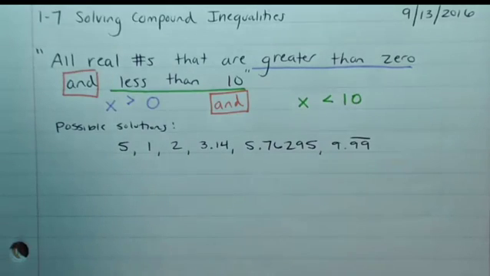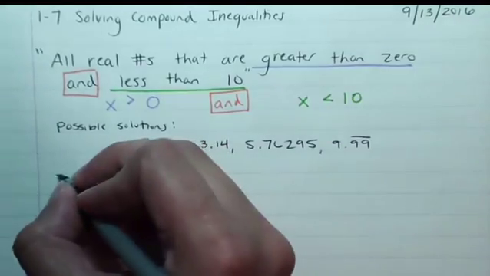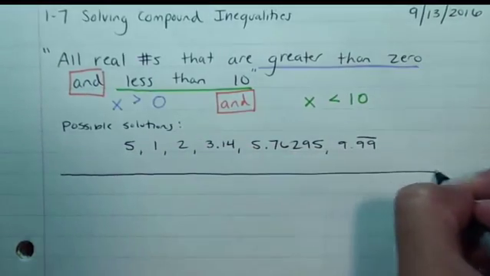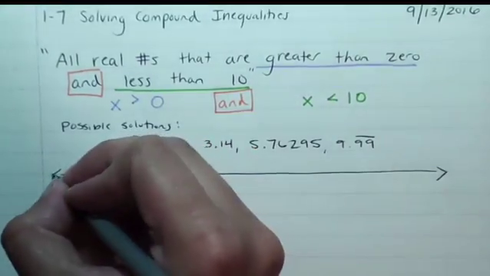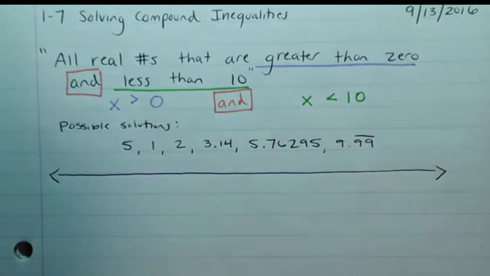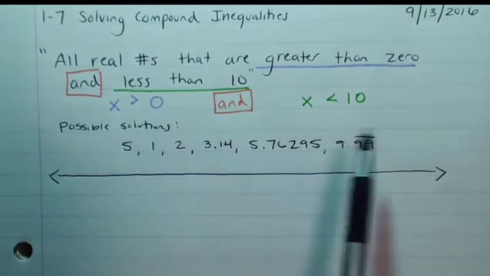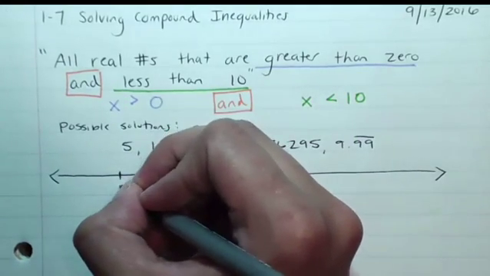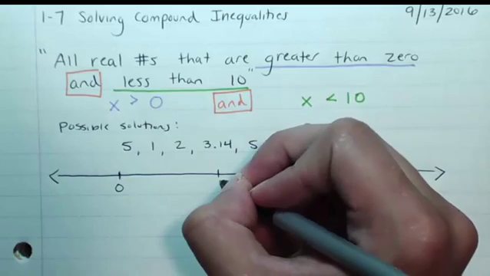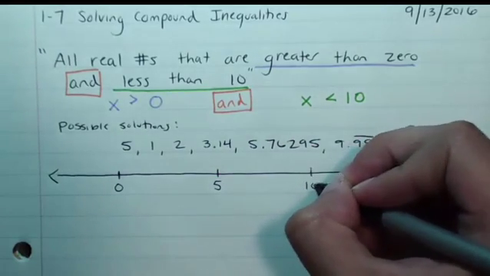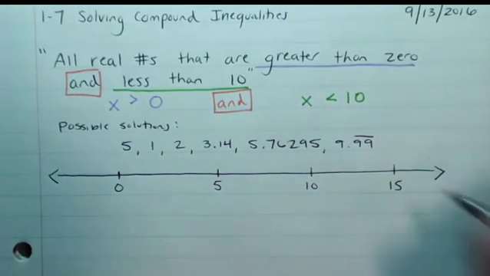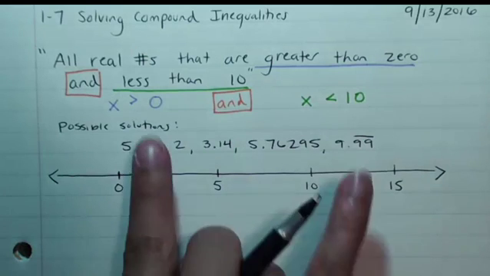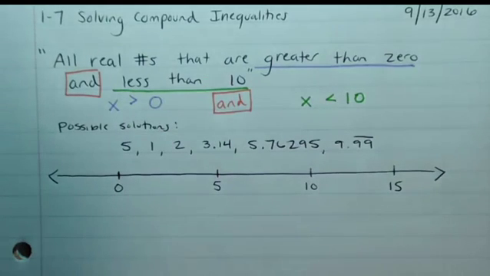Now what would this look like when we actually graph it? So again, I have my graph. Now I know that it has to be greater than 0 and less than 10. So I'm going to go ahead and put 0 here. We'll go up by 5: 0, 5, 10, 15. As long as I have the two that I need, it doesn't matter what I go up by.